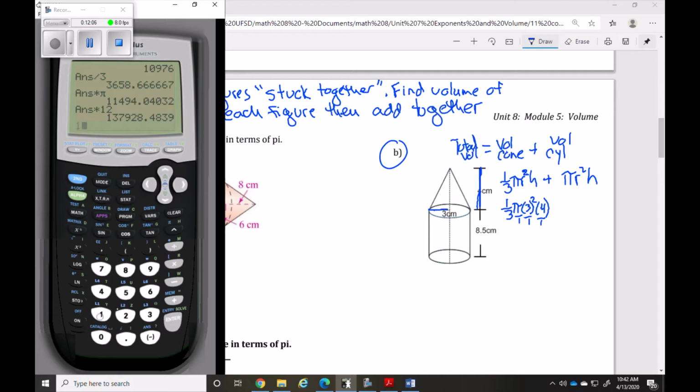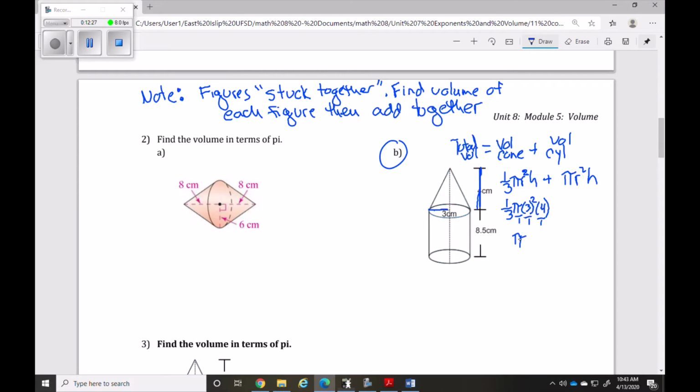So my numerator is 1 times 3 times 3 times 4. That answer gets divided by the 3 times 1 times 1 times 1, which really means it just gets divided by 3. So this is a 12 pi. Remember, pi is my answer because I didn't push the pi button.